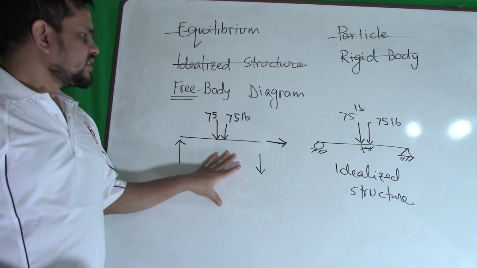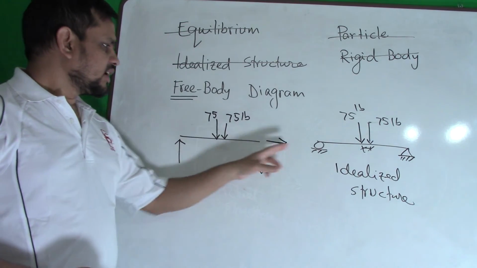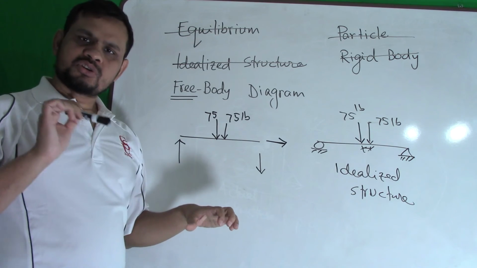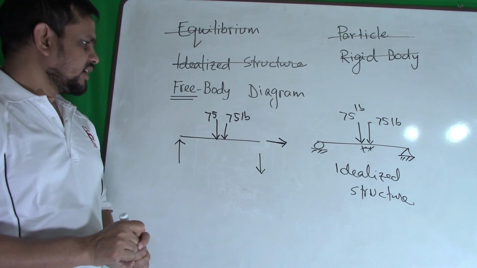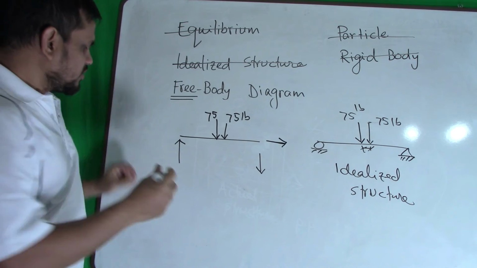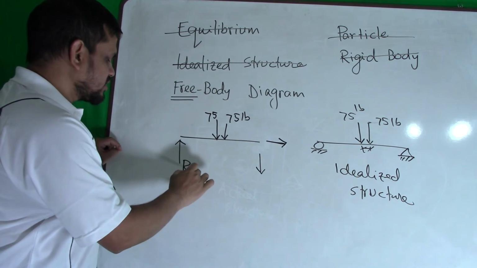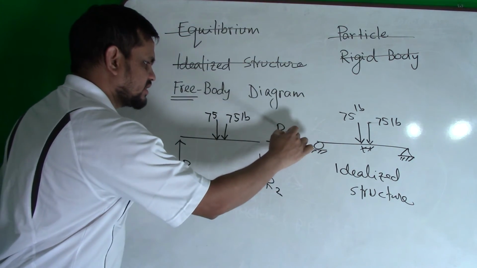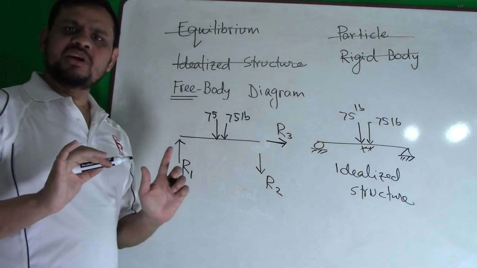Now this is the free body diagram. I made my idealized structure or actual structure free from support, showed all the unknown reaction. Now something else. Oh, you can give a name. Say this is reaction 1, this is reaction 2, this is reaction 3. Name, you can name your own way, whatever way you like.